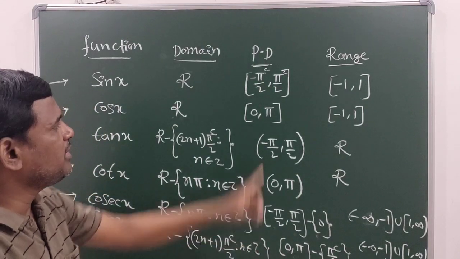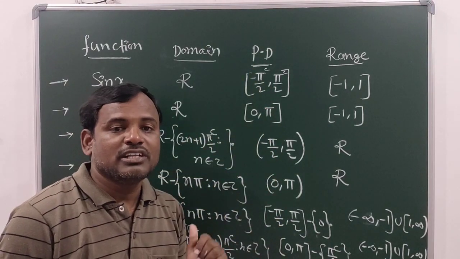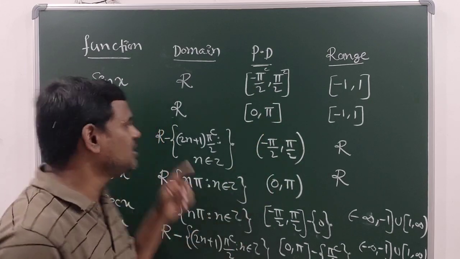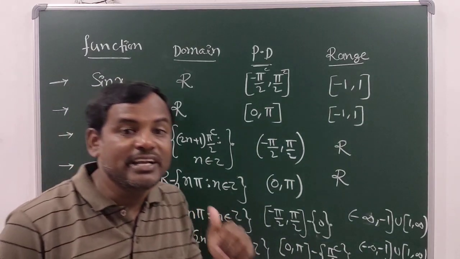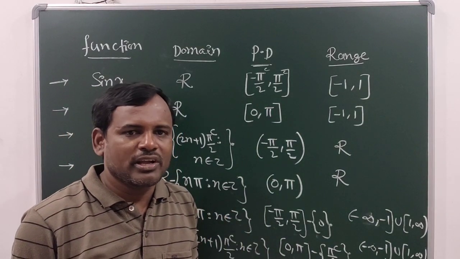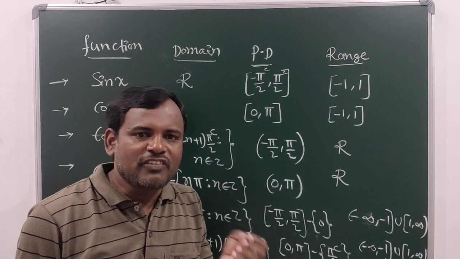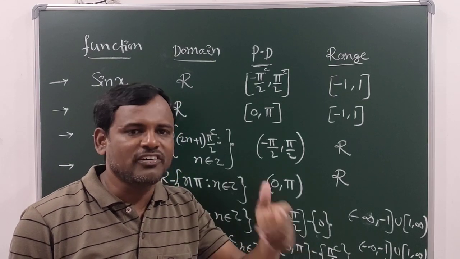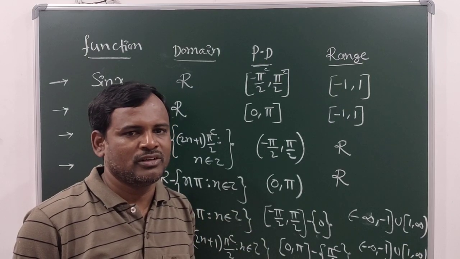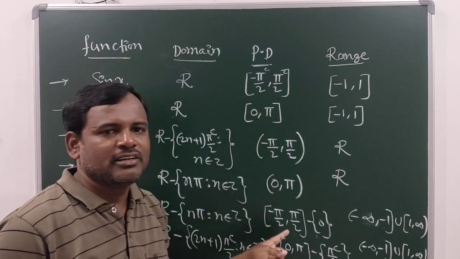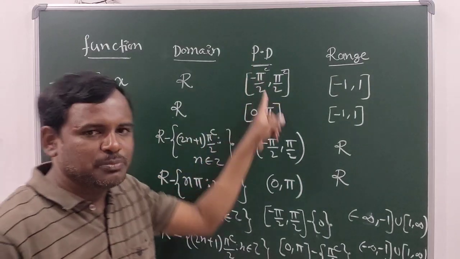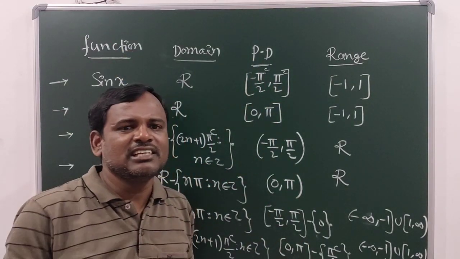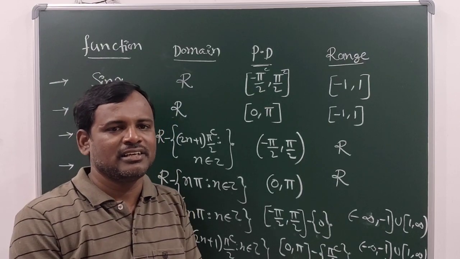Okay, so what is meant by principal domain? Principal domain is a domain in which these functions are bijective. Hence, if a function is bijective, its inverse is possible, meaning that function is invertible. In its principal domain, each of these functions either strictly increases or strictly decreases.